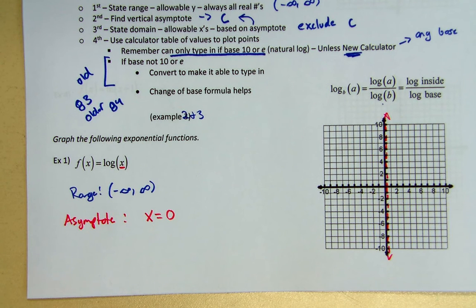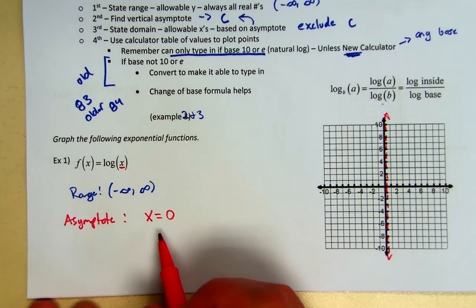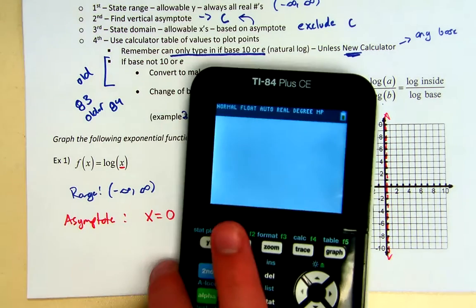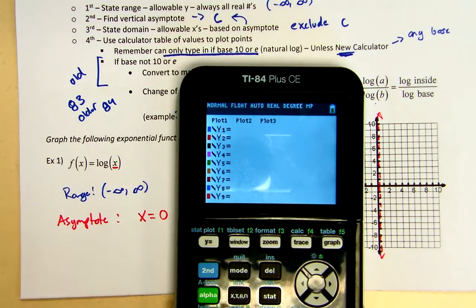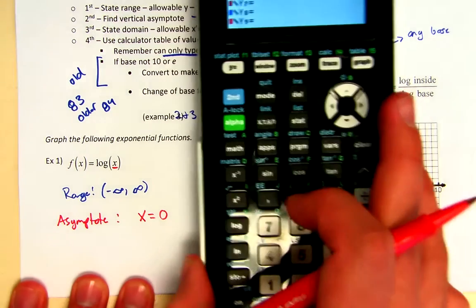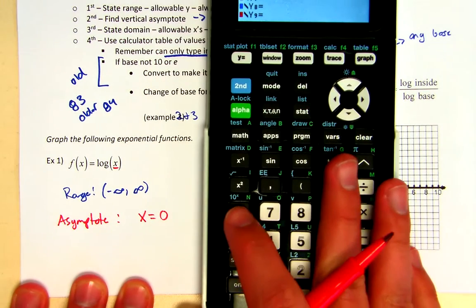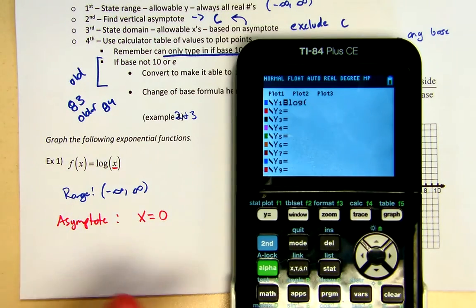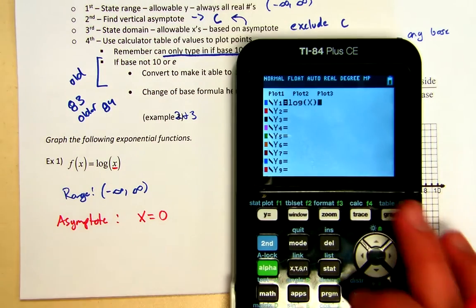Now we need the domain. The domain is going to be 0 to either infinity or 0 to negative infinity. That's where we need to pop it in our calculator and see what's going on. So y equals, hit the log key, which is all the way down here under x squared. Base 10, don't need to put anything in there, of x.